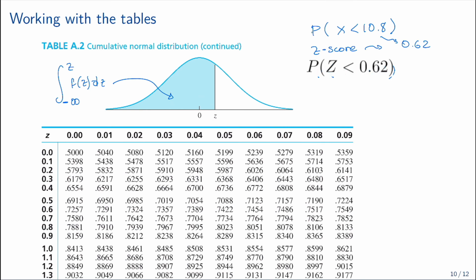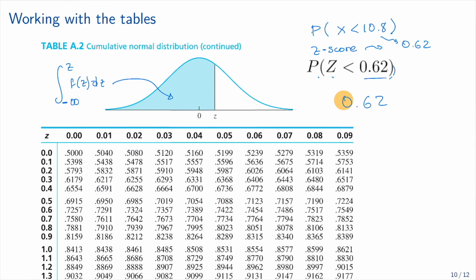To compute this integral, we look at the tenths and the hundredths. For 0.62, we look for 0.6 on this side, which is given by that row, and the 2 hundredths are in the columns. The intersection gives us that value.